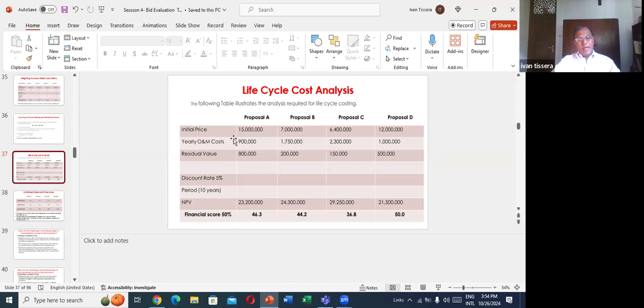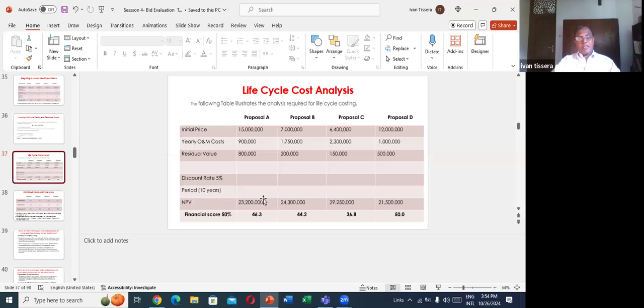If you can remember the life cycle cost formula, sigma, can you remember? Operating cost into 1 minus 1 plus i to the power n, something like that. So after calculating, they come up with this figure.